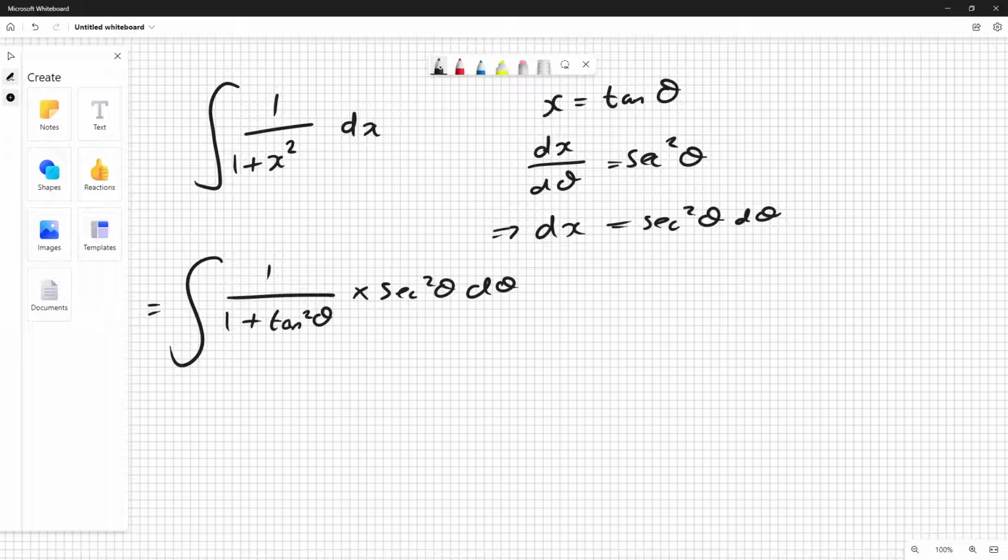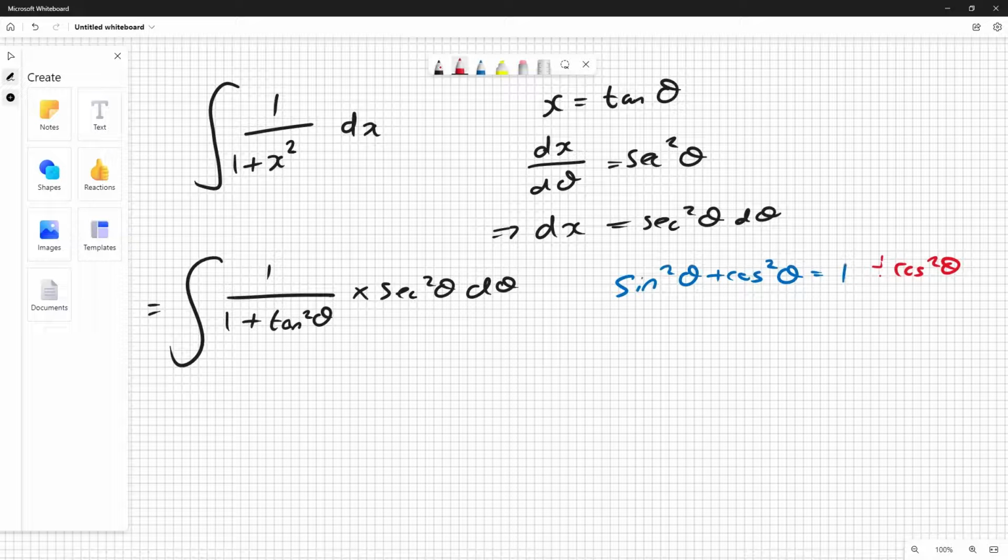Now, this is where some trigonometric identities come into play, so I'll do it in blue. The one that we're looking for is when you divide this whole thing by cosine squared theta.